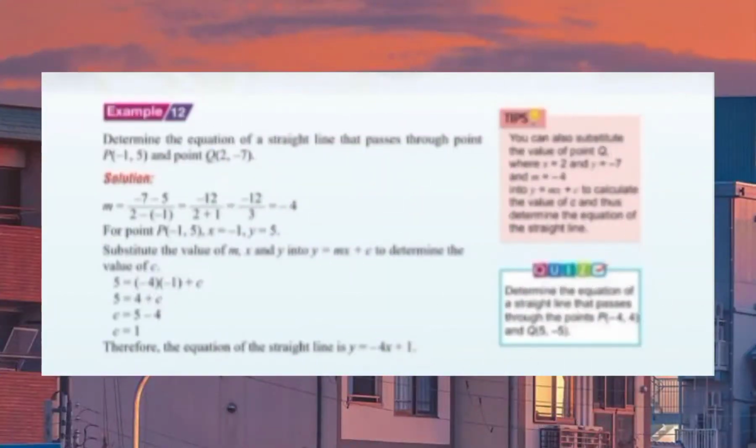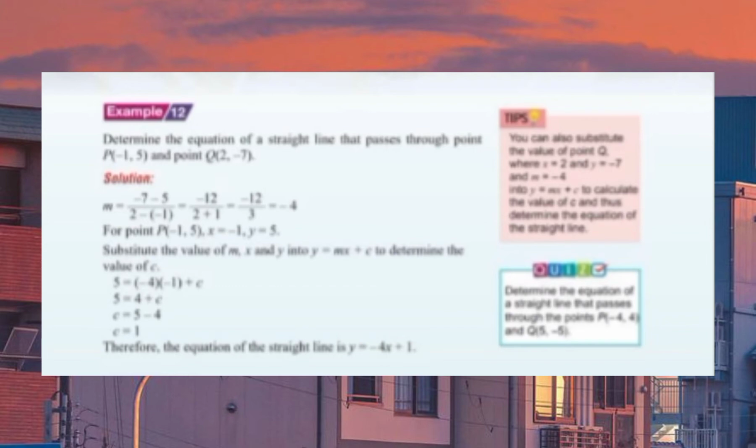Determine the equation of a straight line that passes through point P(-1, 5) and point Q(2, -7). Okay, solution. Find the gradient first. So, (-7 - 5) over (2 - (-1)). So, gradient is -4. Then, for point P(-1, 5), x is -1 and y = 5.